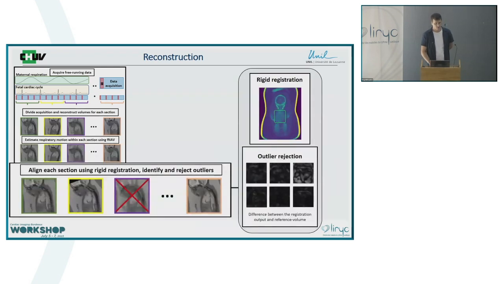To account then afterwards for the fetal bulk motion, we have implemented a 3D rigid registration. This registration takes a 3D region of interest as an input. So by default, not the whole field of view is registered, which basically accounts for the different movements of the different fetal body parts.